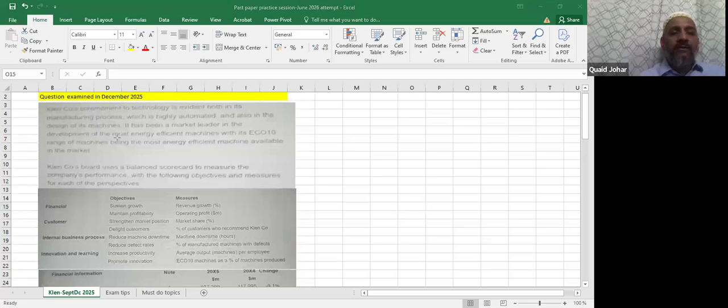One of the main points over here is it has been a market leader. So as per the question, Clan Company is a market leader. So this is a point to be noticed.